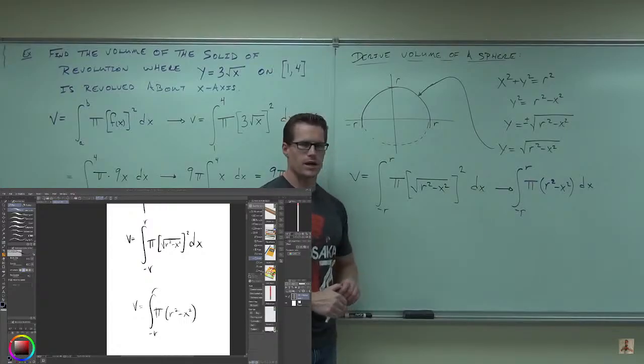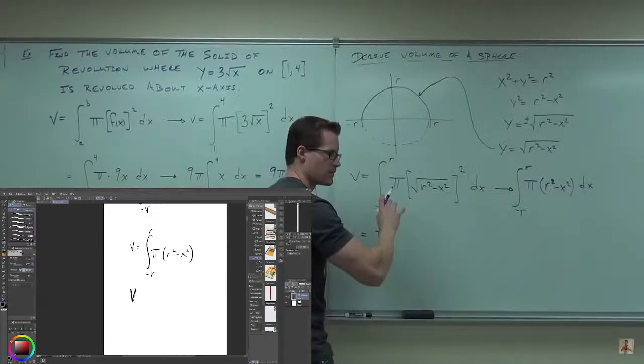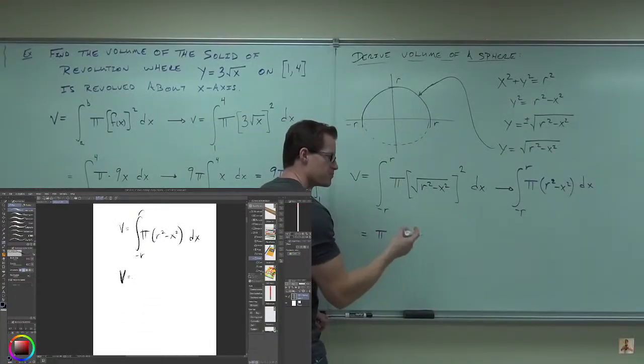Okay. What now? You could pull the pi out, sure, if you'd like to do it. There's a couple options that you have right here on doing this integral. One of them would be to distribute that and separate your integrals into two integrals, and then pull the pi r squared out, and pull the pi out of the second integral to x squared. Or you could treat it this way, doesn't really matter.